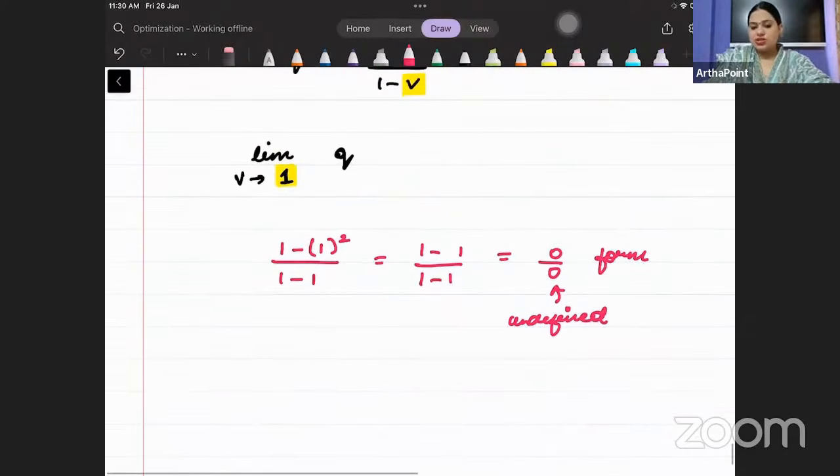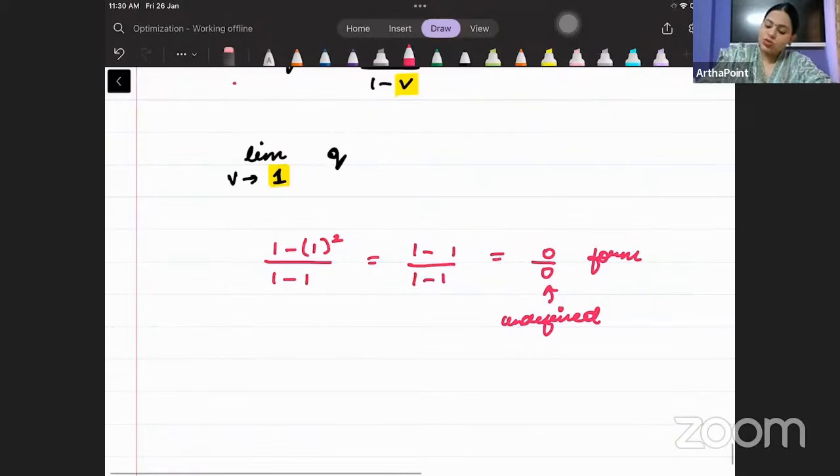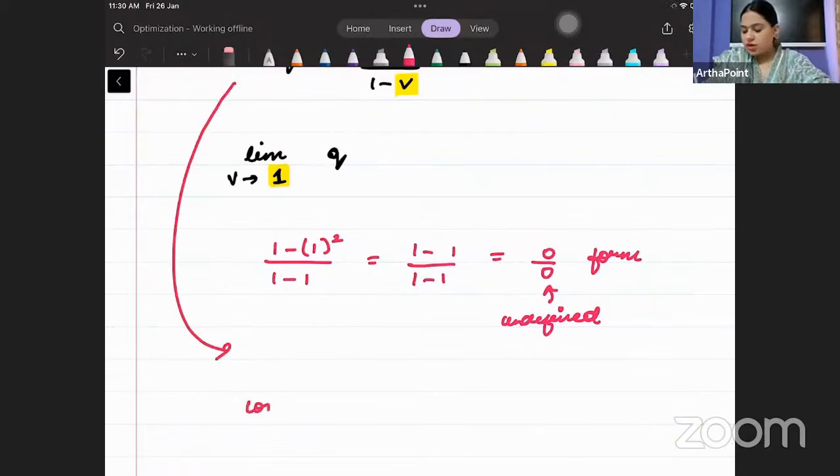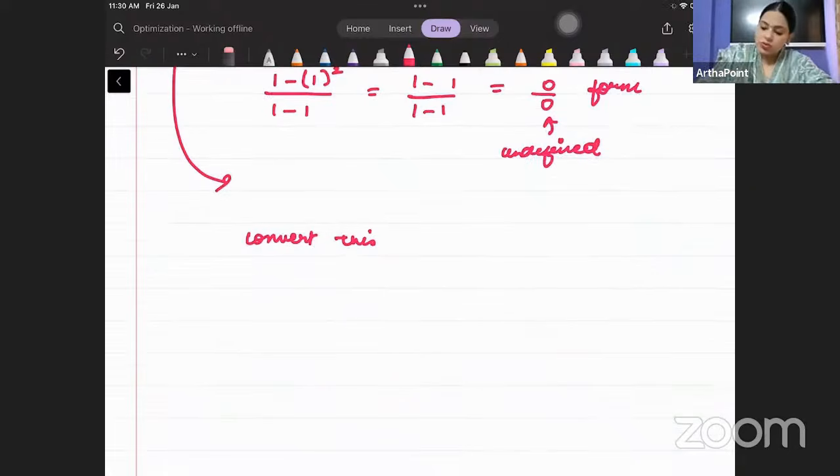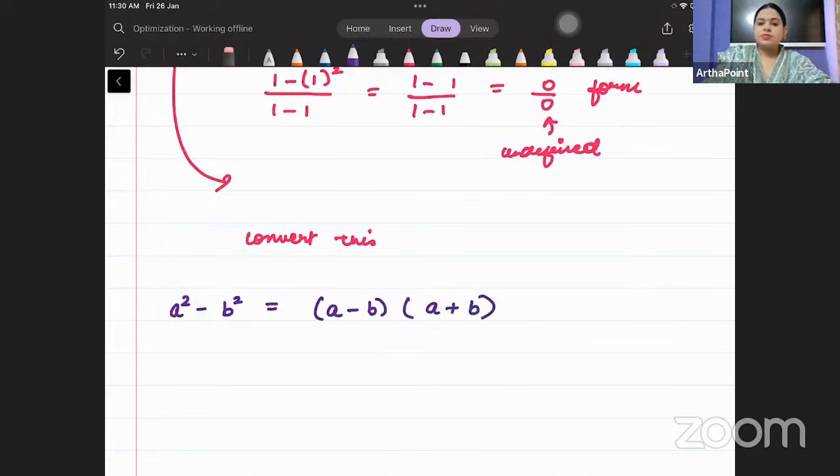So in such cases, we need to somehow convert this before solving. कैसे convert कर सकते हैं? Very simple. So beta, we have a formula. A square minus B square can be written as A minus B into A plus B. So when I write 1 minus V square, beta isko I can write 1 square minus V square. 1 का square तो 1 ही है.